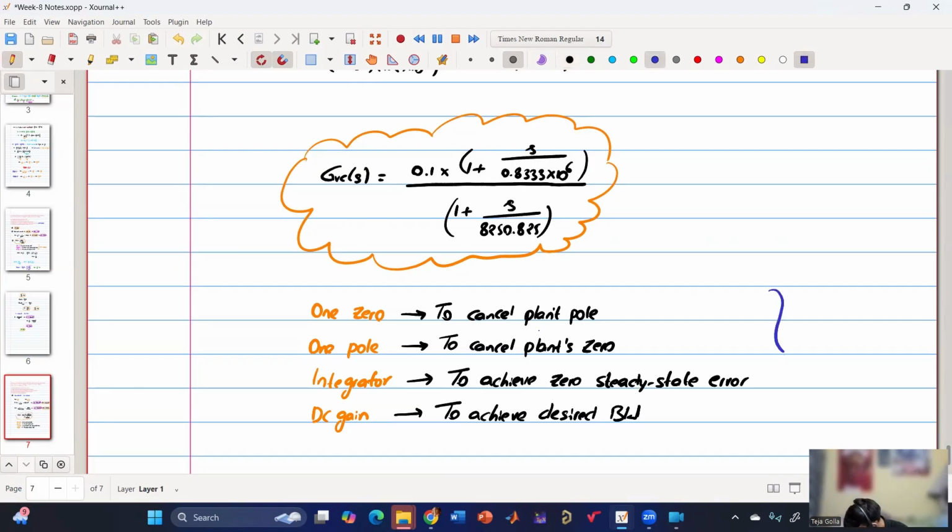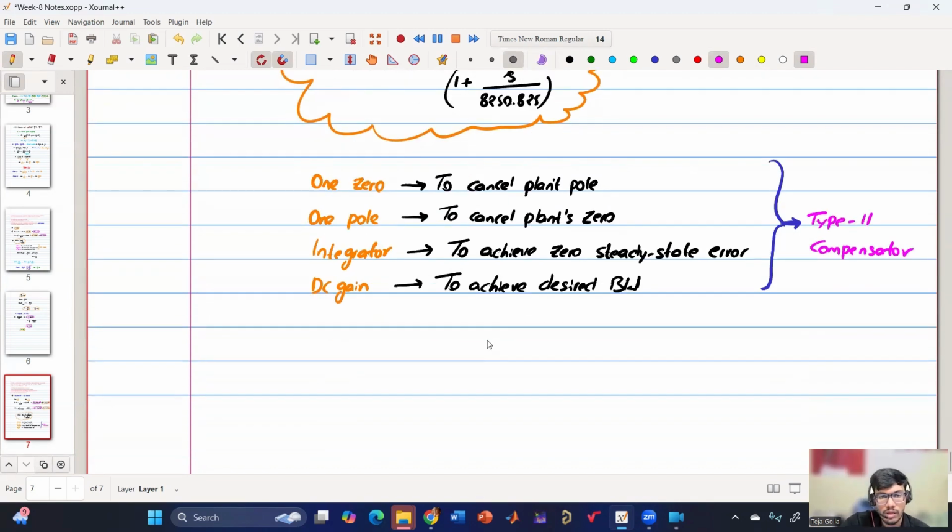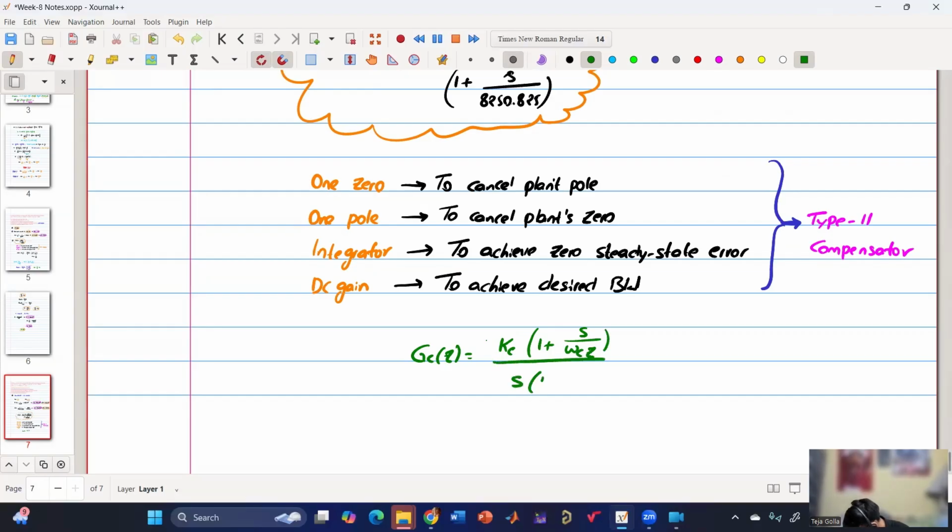So overall, what type of controller is this? Anyone? Type 2. Yes, very good. So this is a type 2 controller. And if I write the controller expression, it will be GC of S is equal to, say, controller gain KC into 1 plus S by omega CZ by S into 1 plus S by omega CP.